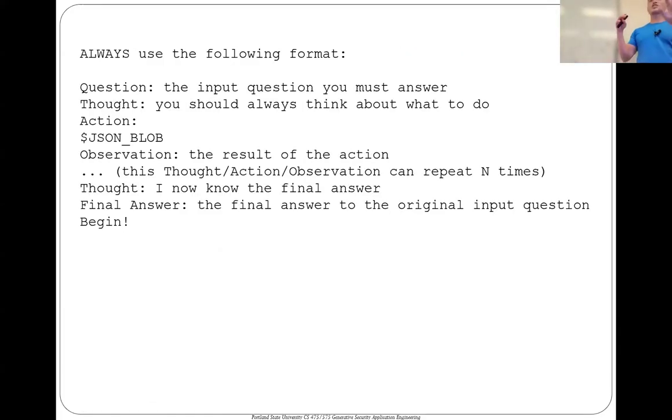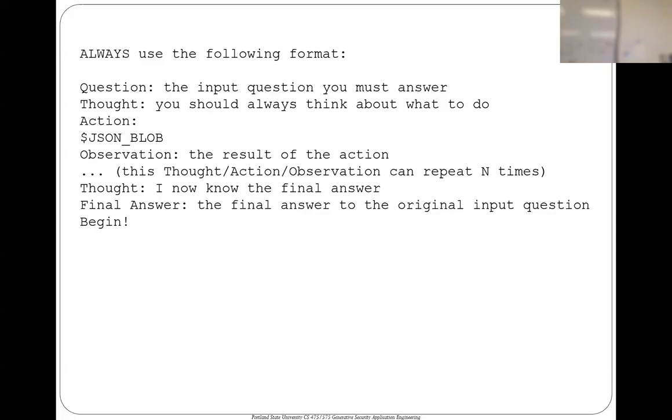Then this is how I want you to think, in the next part of this prompt template. Always use the following format. Start with the question that you must answer. This is the goal. Then always have a thought, what you need to do next. Always have an action, which is a JSON blob to invoke, and then an observation, which is the result of that action. As you execute these actions and get these results, you're just appending to this prompt template.